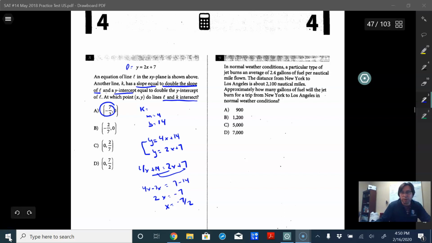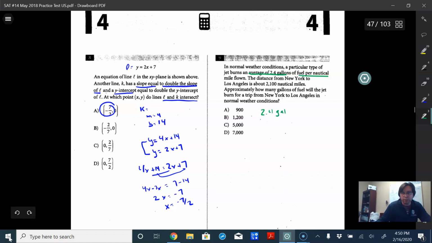All right, looking at number 9, we can kind of notice just by looking at it, it's talking about gallons and miles, and things of that nature. So let's just try to read it. It may be a rates problem here, but in normal weather conditions, a particular type of jet fuel burns an average of 2.4 gallons of fuel per nautical mile.